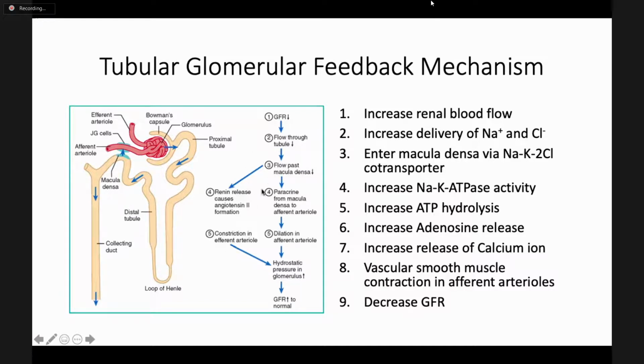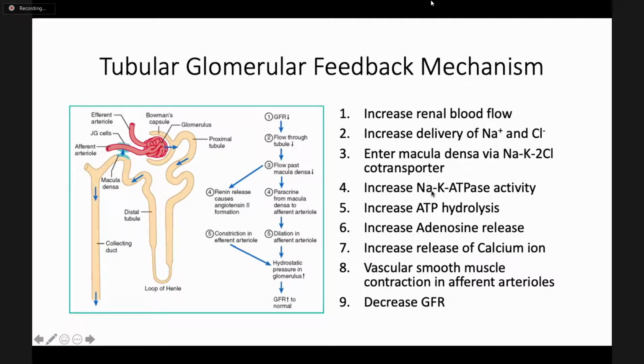So what does it mean by paracrine mechanism here? For example, let's say there is increased renal blood flow. There will be increased delivery of sodium and chloride to the macula densa cell here. This sodium and chloride will enter via the sodium-potassium-chloride co-transporter.